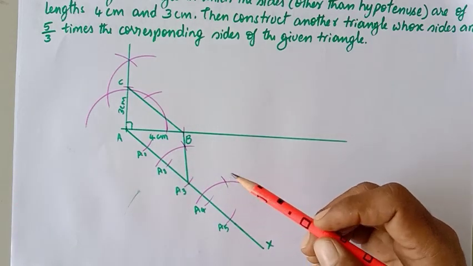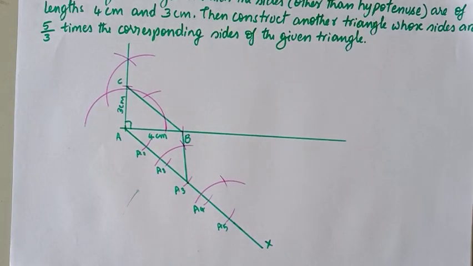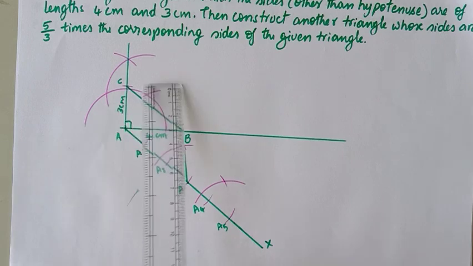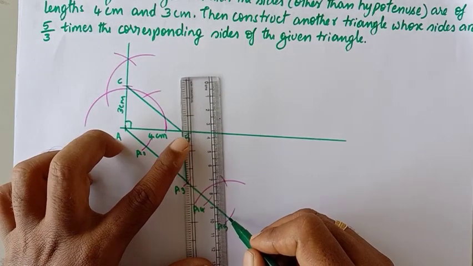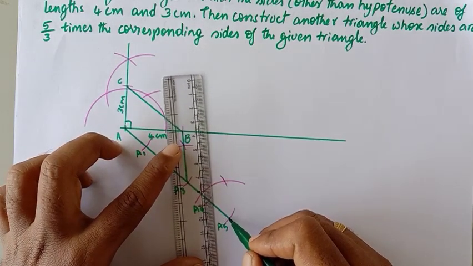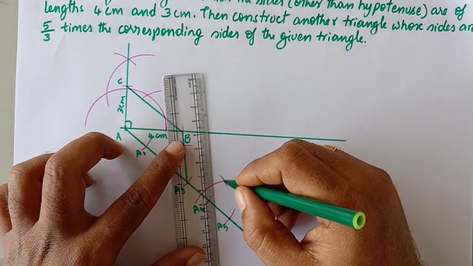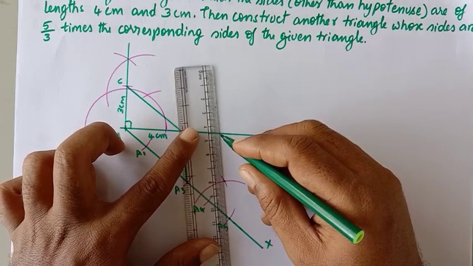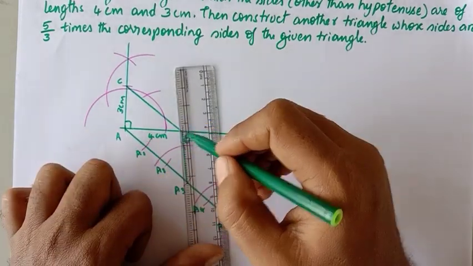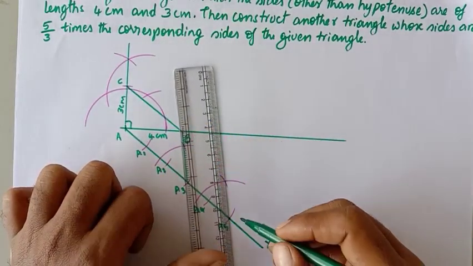At this point I will draw a line from A5, crossing this point, I will join the AB, extended portion of the AB line.